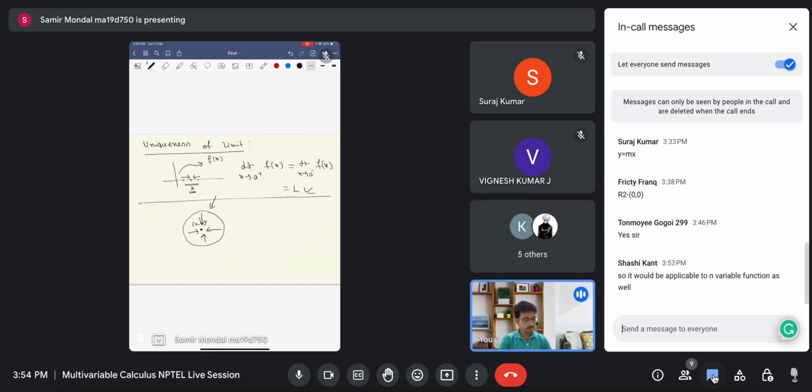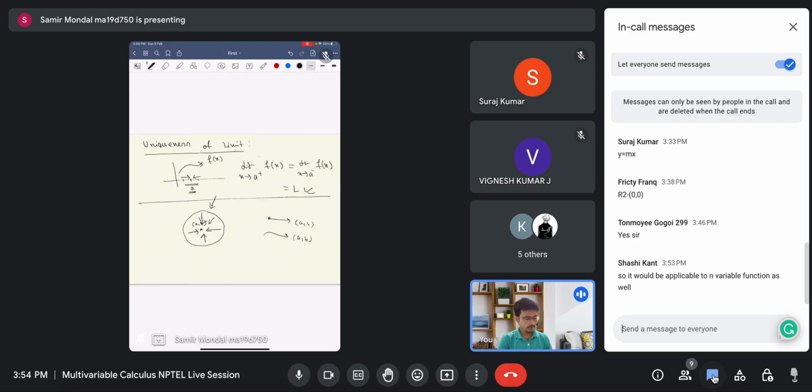Now we can think about that. If in all directions the limit of a function exists and all are equal, then the limit of the function also exists and is equal to that one. One can think like that. Suppose we have two paths, this is one path and this is another path, and both are going to the point (a, b).